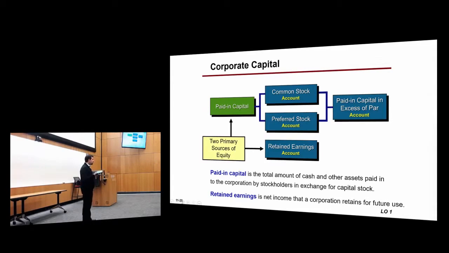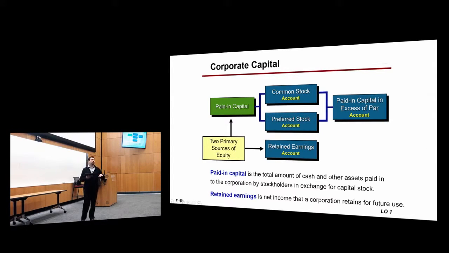And generally speaking, you would have either common stock or preferred stock. The main difference between preferred stock and common stock is that preferred stockholders are preferred when a dividend is declared and paid.